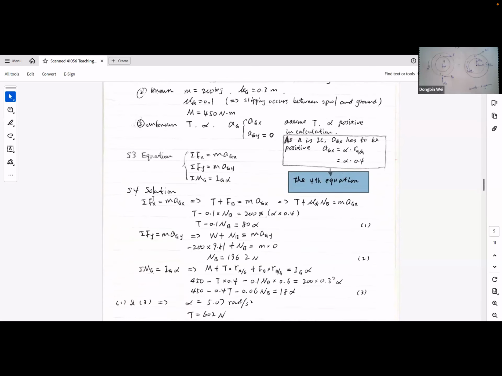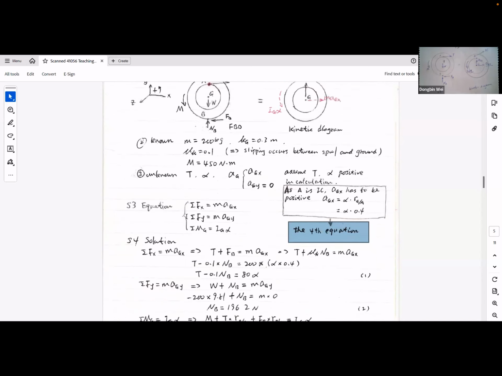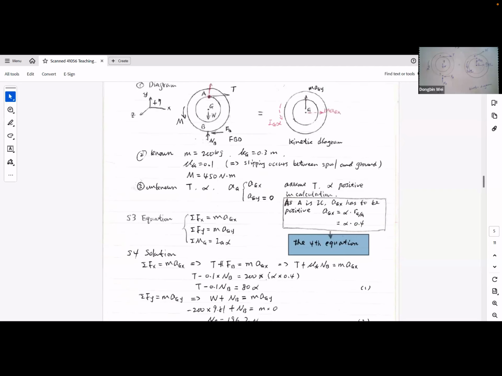For the first equation, along x direction for translational component, we have T minus FB. FB is the kinetic friction force because we already know the kinetic friction coefficient.